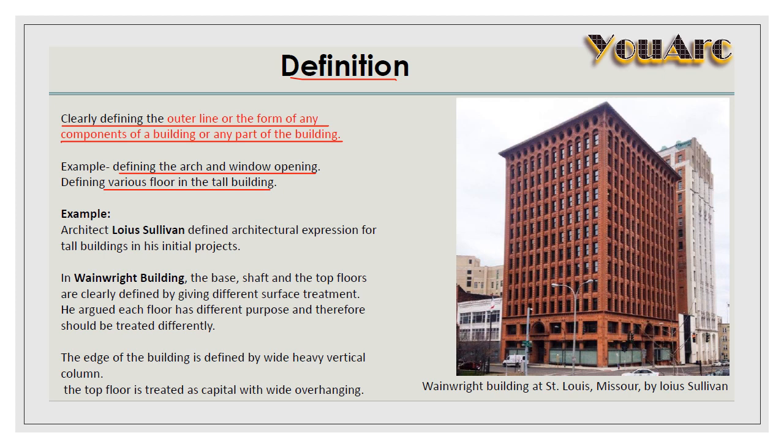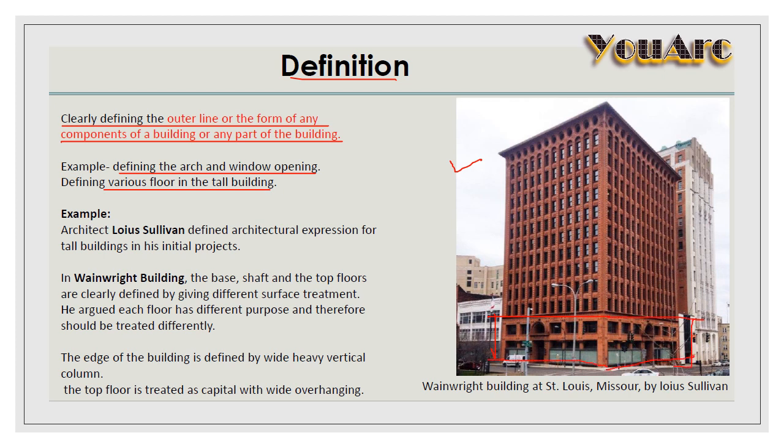Let's see this particular example here. We can clearly see that a base, shaft and top floors are clearly defined with different surface treatments. Let's see the bottom floor. It is defined with different shape out there, right?